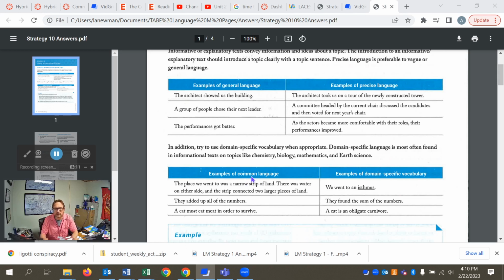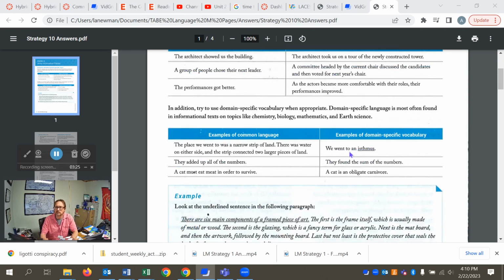Domain-specific language is most often found in informational texts on topics like chemistry, biology, mathematics, and earth science. And so I'm not going to read through all these like I did with the general language that we were making precise, but use the domain-specific terminology rather than trying to kind of flail around describing something that has an official term.